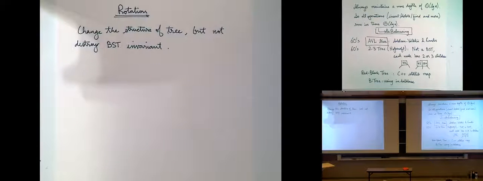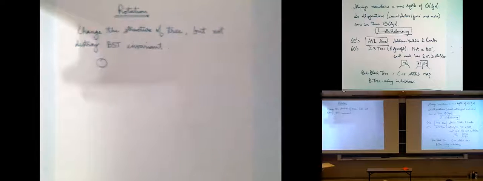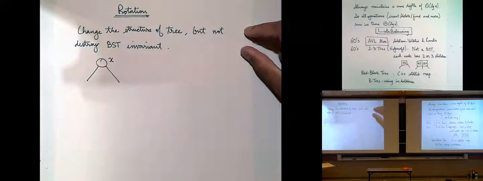It means that all the nodes to the left have to have a key that is smaller, all the nodes to the right have to have a key that is larger. So we would like to maintain this structure. So we'll modify the tree, but not affect that. And so the best way to describe what a rotation is is to draw you a picture over here. So this is X.